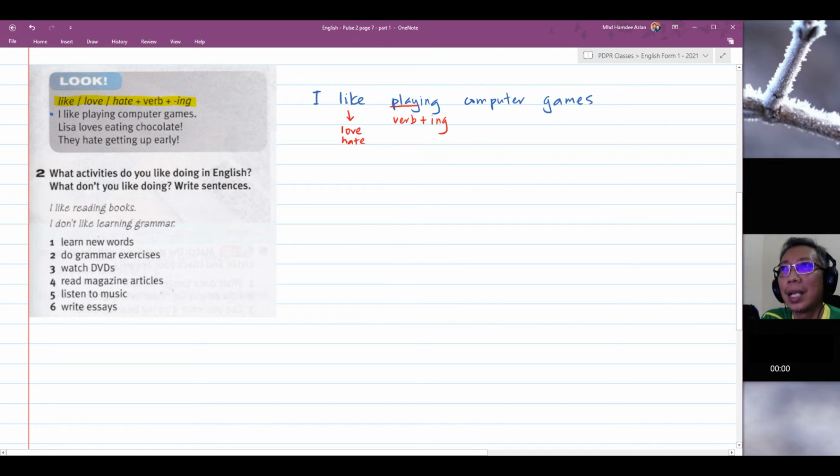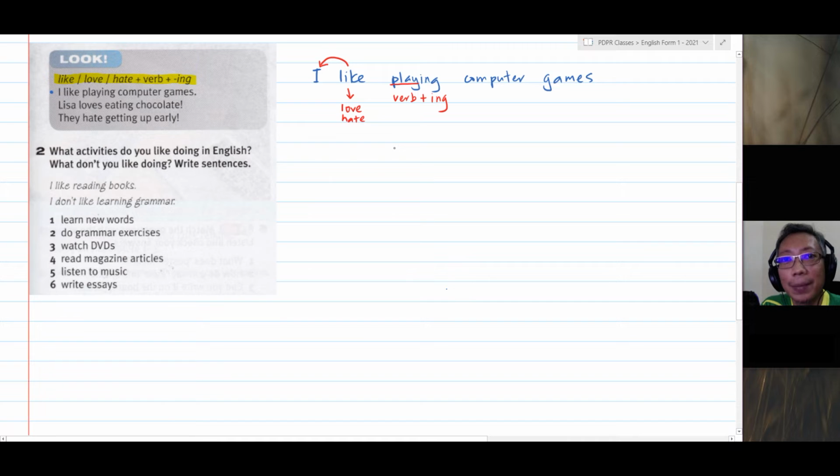And again, like must refer to the subject. For example, if you have a plural subject, Ali and Ahmad like playing computer games. So Ali and Ahmad, plural subject.